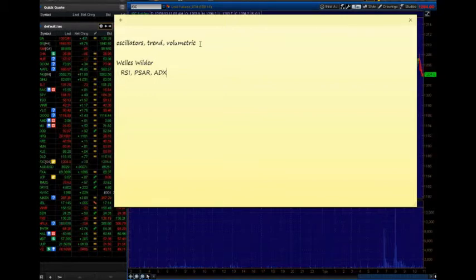So I want to take a look at these three indicators with you, show you how he put those together. Then we'll break down the ADX a little bit further, and I'll show you some different ways to use it.